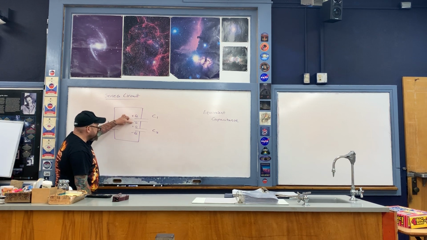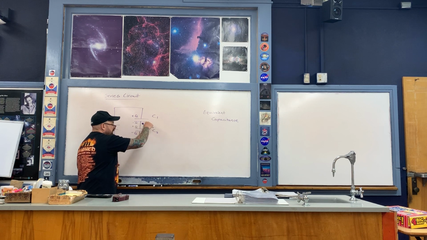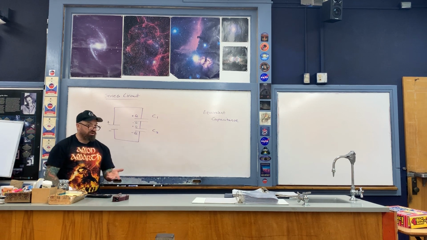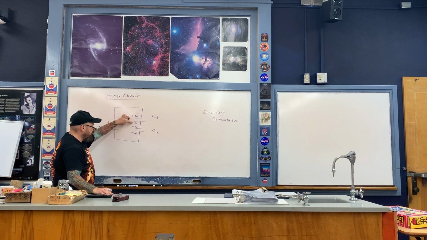Notice that the negative charge is being attracted to this positive charge up here, and this positive charge is being attracted to this negative charge right here. It's important to understand, however, that this single piece of metal is uncharged to begin with, and it then becomes polarized. One side of it is negative, and the other side of it is positive.